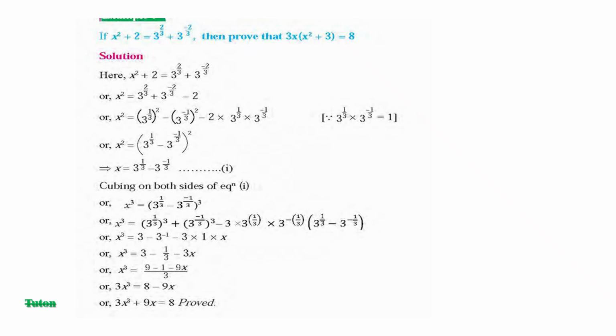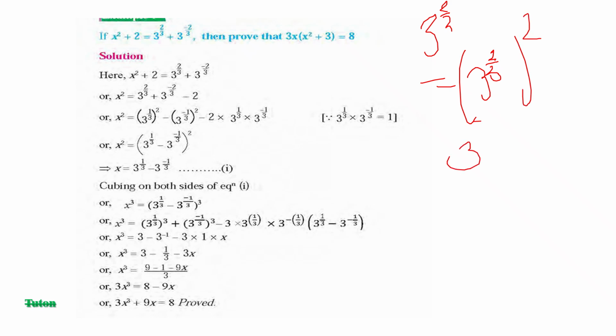As we all know, 3 to the power 2/3 can also be written as 3 to the power 1/3 squared, and 3 to the power negative 2/3 can also be written as 3 to the power negative of 1/3 squared, as indicated in these steps.